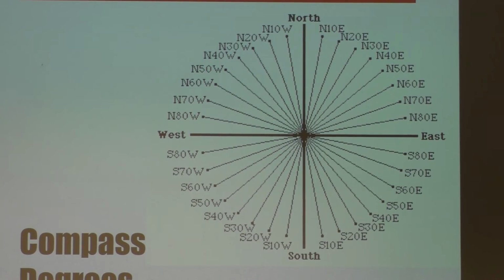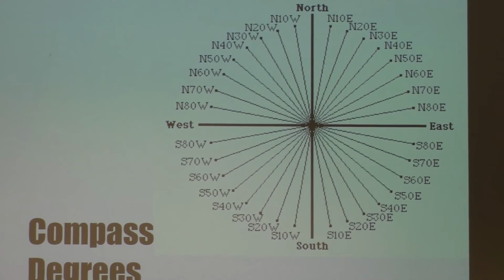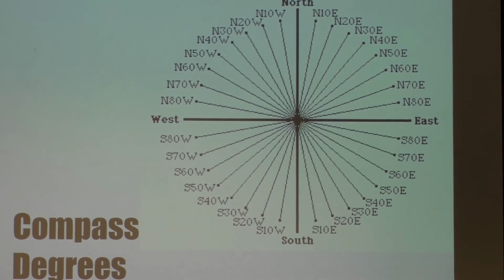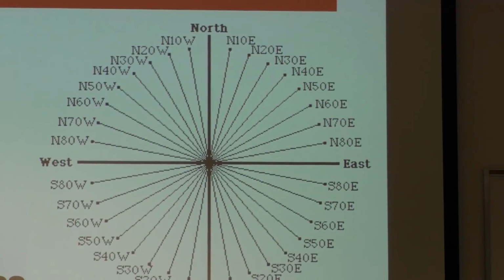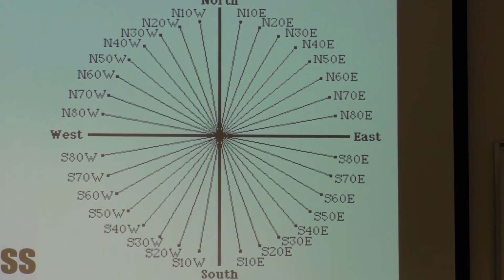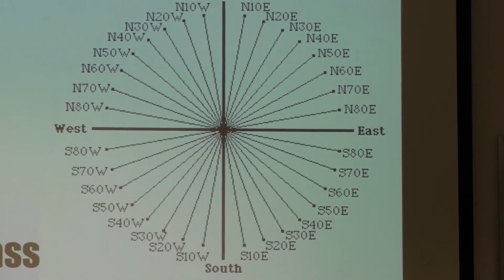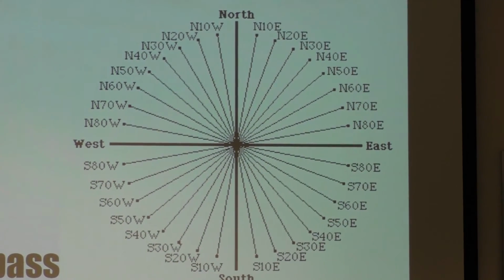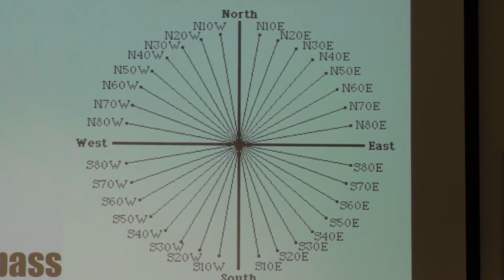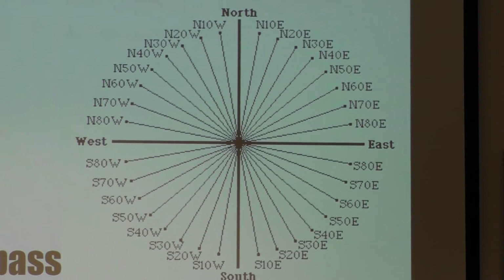Now, how do we talk about property? This compass with degrees is kind of the key here. You'll see that all of the directions above the east-west line are north, all the directions below that are south, all the directions to the right of the north-south line are east, and all the directions to the left are west.